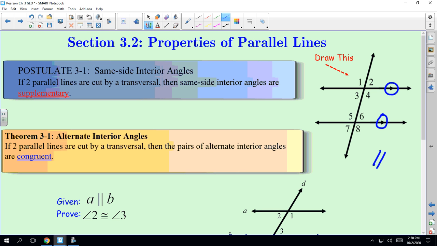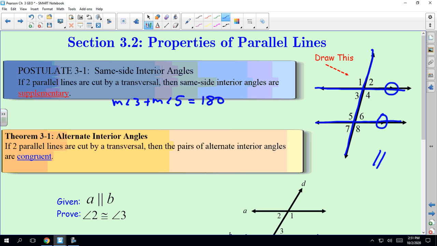Postulate 3.1. Postulate is something that's assumed to be true. It says if 2 parallel lines are cut by a transversal, so here are my 2 parallel lines, here's my transversal, then same side interior angles are supplementary. For example, measure of angle 3 plus measure of angle 5 will equal 180 because they are same side interior angles.